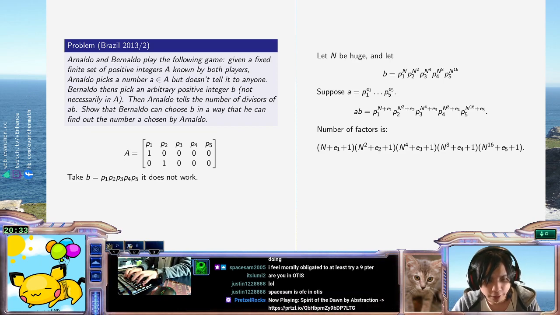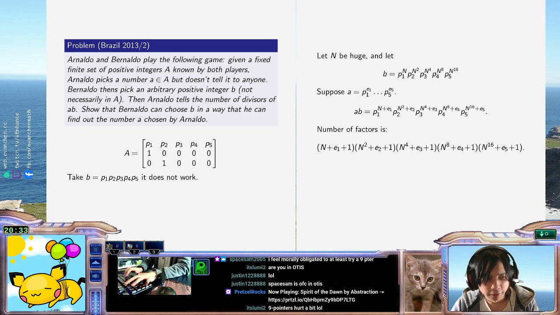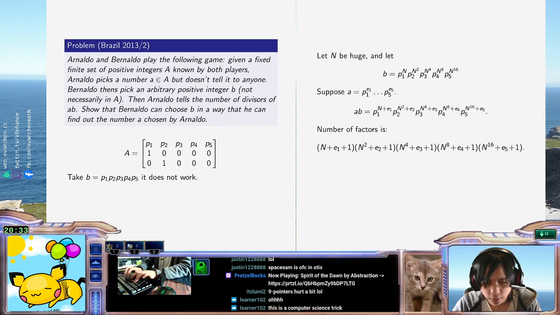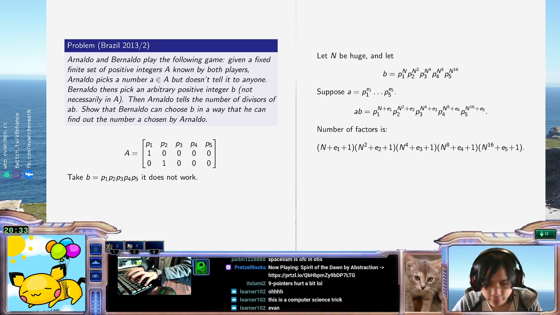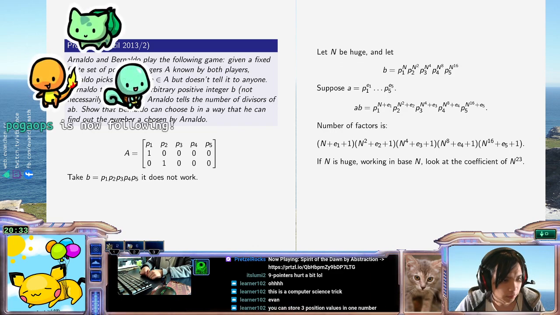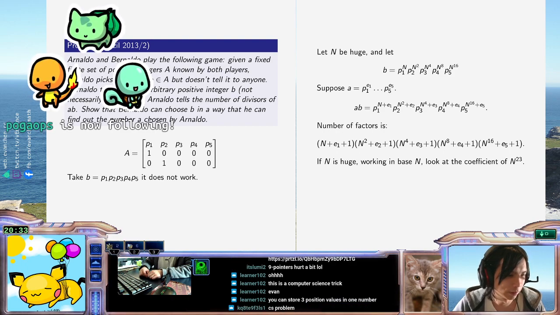So for example, if n is huge, working in base n, look at the coefficient of n to the 23, I guess, and then it'll work. This is a computer science trick? Well, there you go. Yeah, so this will work now, because now you can just recover all the exponents, and it's fine. You can store 3 position values in one number.